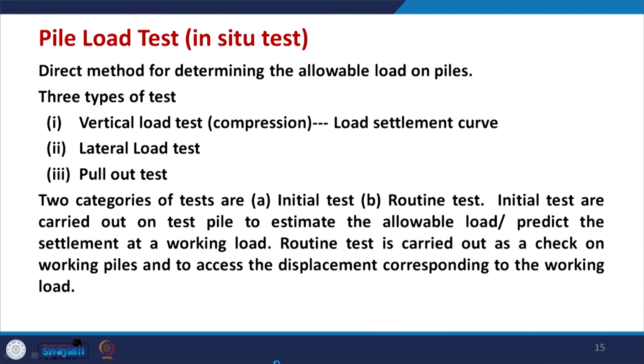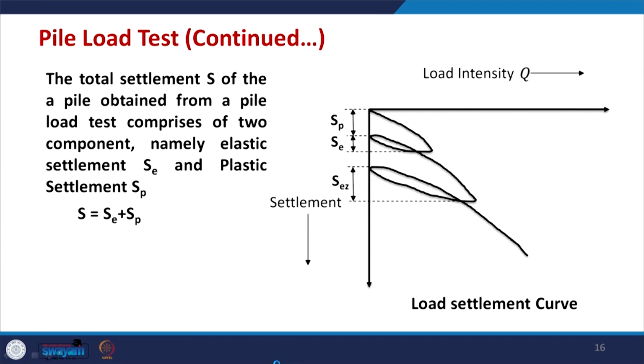The objective is to estimate the allowable load or predict the settlement at a working load, while routine test is carried out as a check on working piles and to assess the displacement corresponding to the working load. So this routine test will be conducted at a working load, and we need to idealize to get the displacement and the capacity.